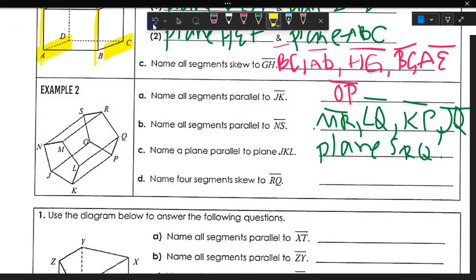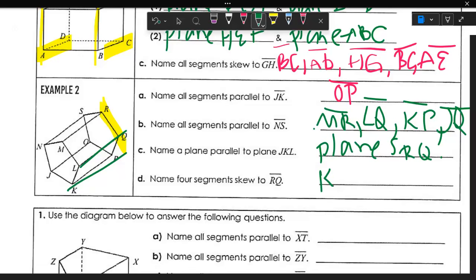Oh, that's an O. Haha. RQ. Four segments skew to RQ. Okay.